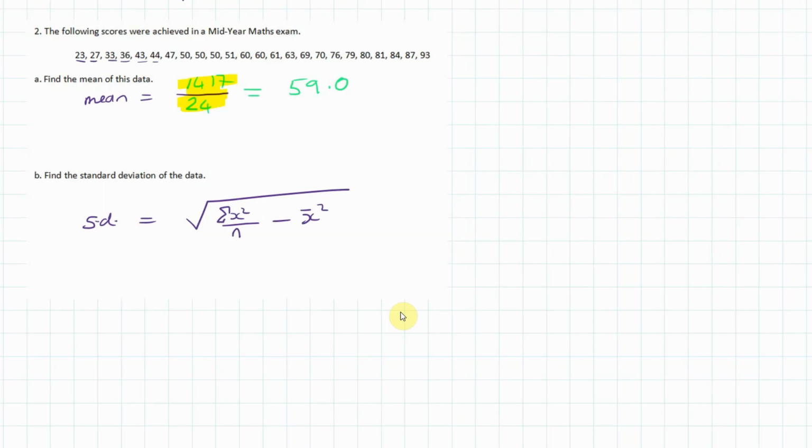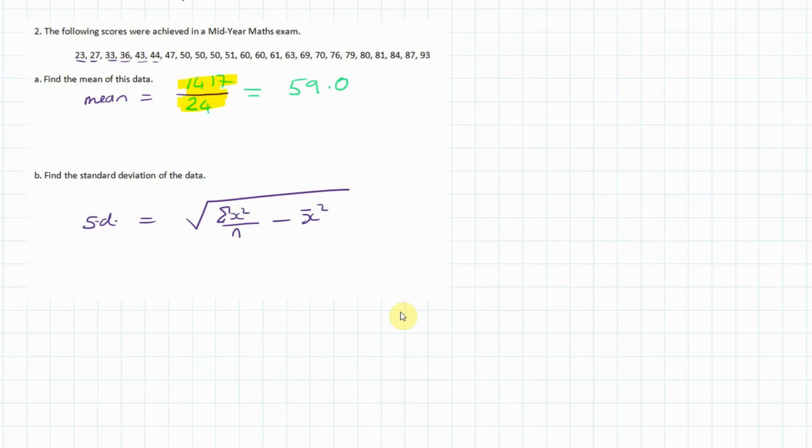Okay, so essentially it'll be 23 squared plus 27 squared plus 33 squared plus 36 squared plus 43 squared plus 44 squared plus 47 squared plus 50 squared plus 50 squared plus 50 squared plus 51 squared plus 60 squared plus 60 squared and 61 squared plus 63 squared.